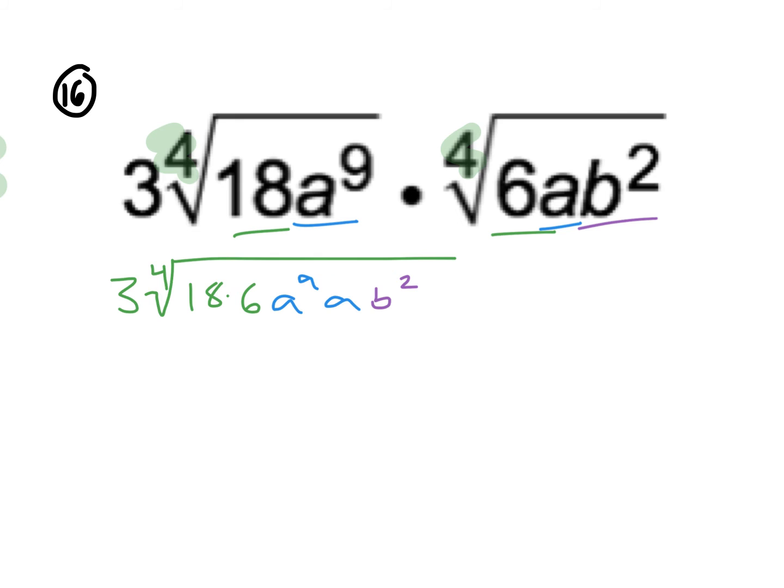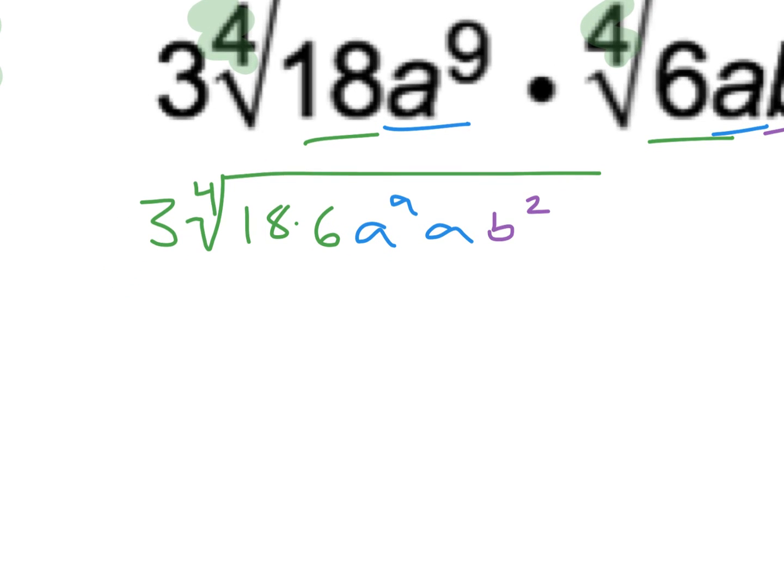So I'm going to take it one step at a time. Let's do the numbers first. What are factors of 18? 3 and 6. What are factors of 6? 3 and 2. I have to circle groups of how many here?